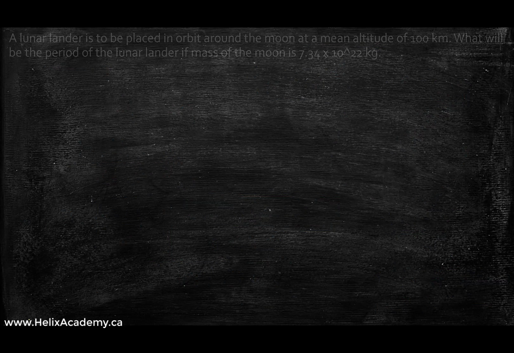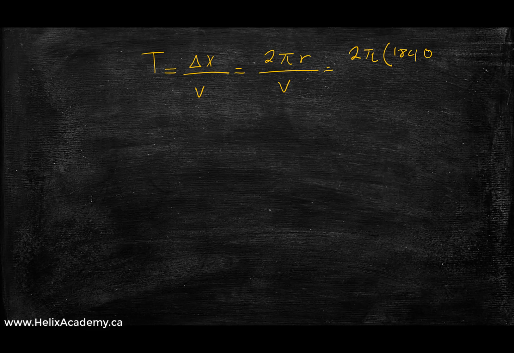Now on the next page, we're going to use the equation that solves for the period. Now that we have v, the period is the distance around the moon, 2 pi r, over v. So that would be 2 pi, and for r it would be 1,840,000, over the velocity, which is 1631.5 meters per second.